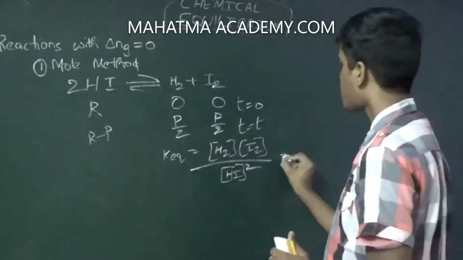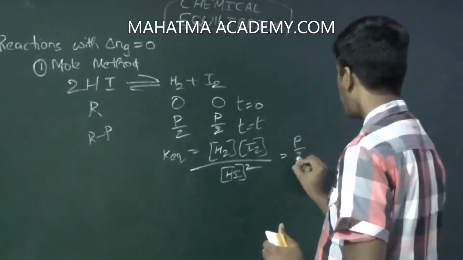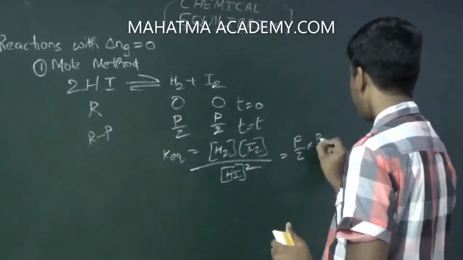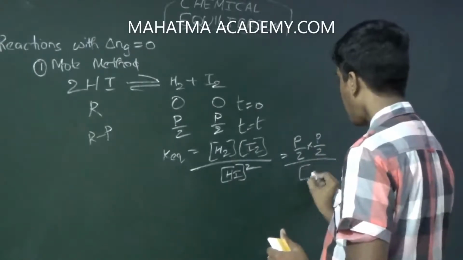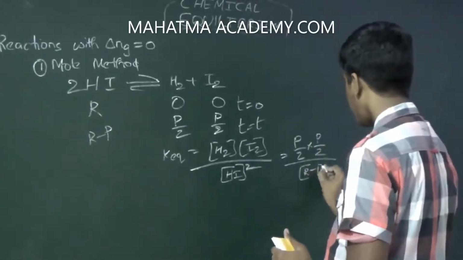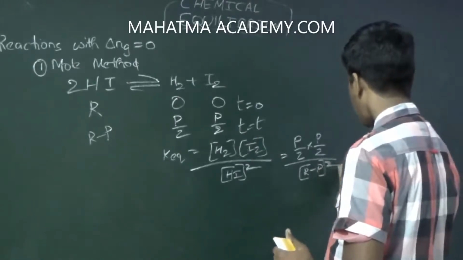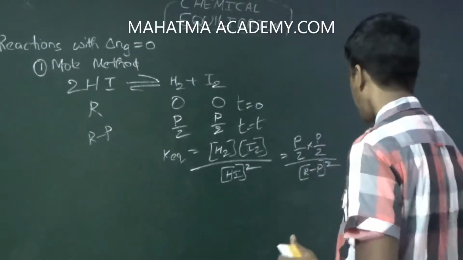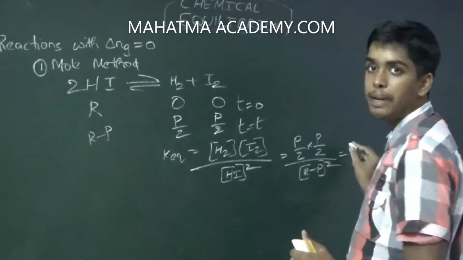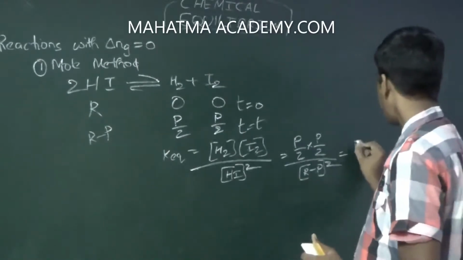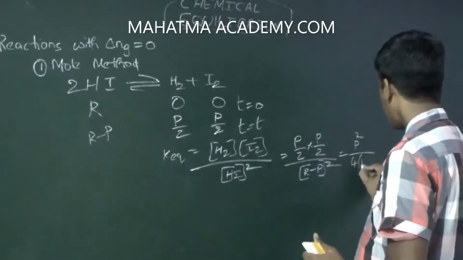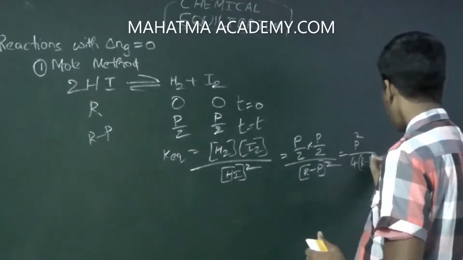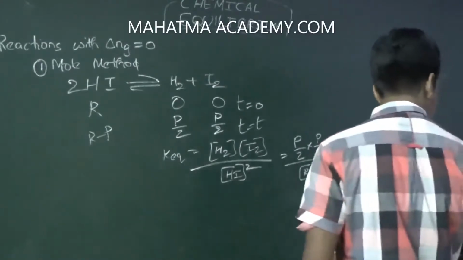Now it is P by 2 into P by 2 divided by R minus P whole square. Now it becomes P square divided by 4 into R minus P whole square.